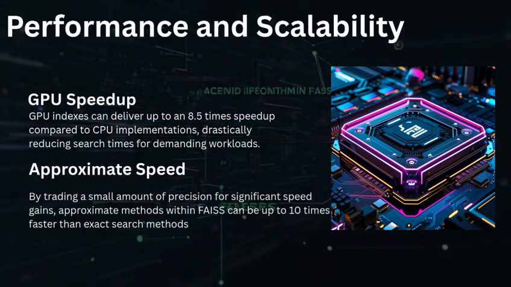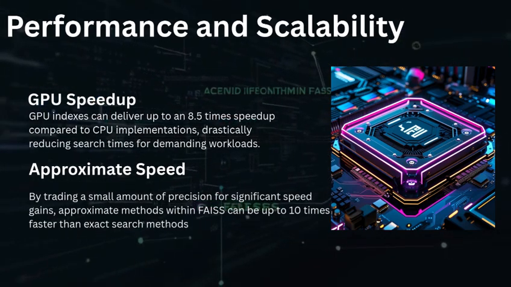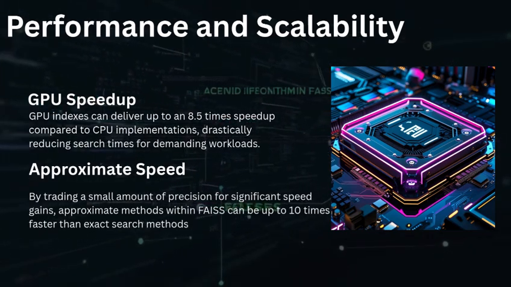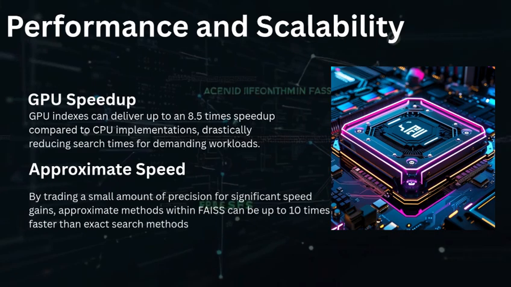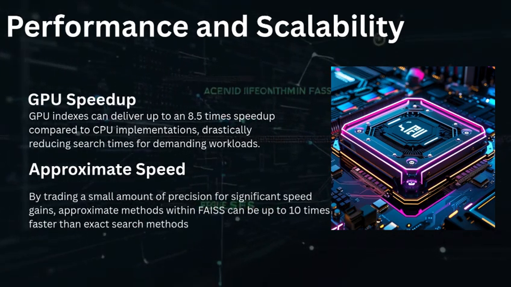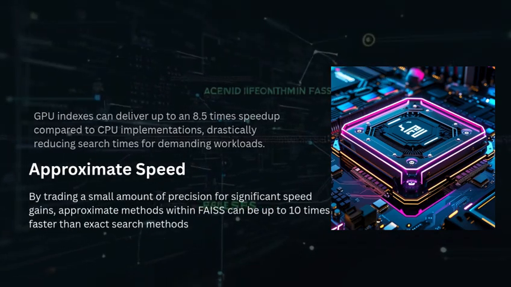Moreover, it offers approximate search methods which trade off a bit of accuracy for much faster performance, sometimes 10x faster. For real-world systems that prioritize speed, like real-time recommendations, this trade-off is invaluable. Imagine needing to recommend a video within 100 milliseconds. You can't afford to be slow, and FAISS ensures you won't be.